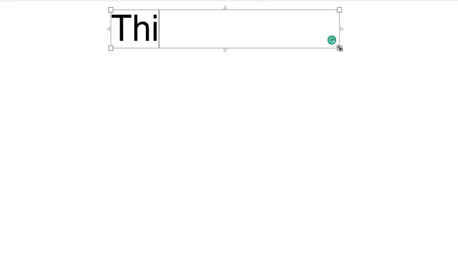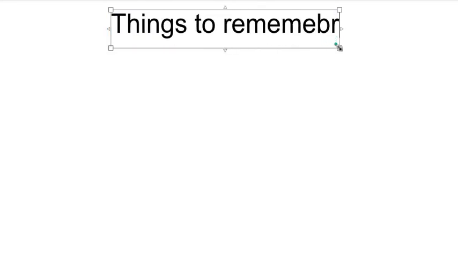Okay. Let's do a little recap. Things to remember. Like what a logarithm is. What a log is. Special logs.